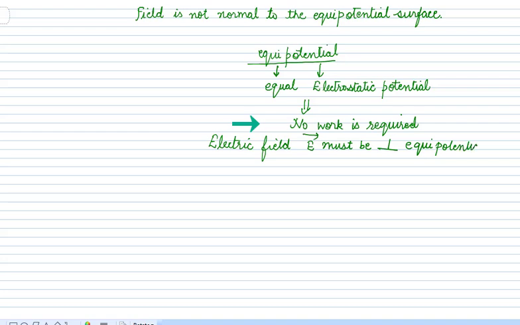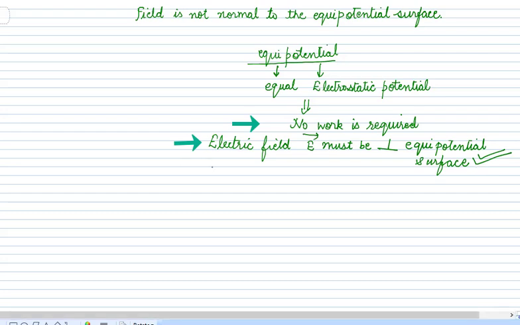Make it a thumb rule that whenever you have an equipotential surface, the electric field is always normal to it. Fine. Now we want to draw certain pictures for equipotential surfaces, and these are very easy to draw. Let us see how we can draw them.